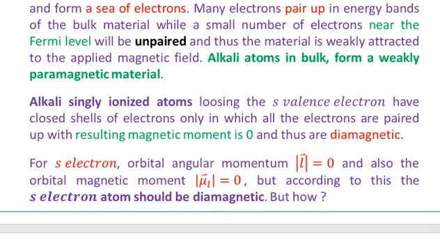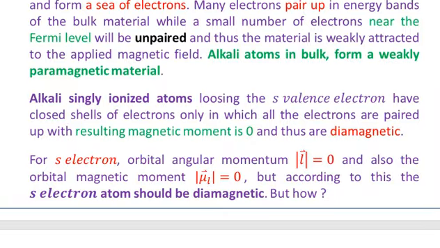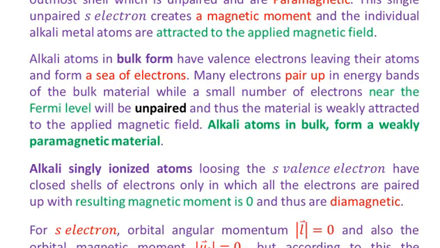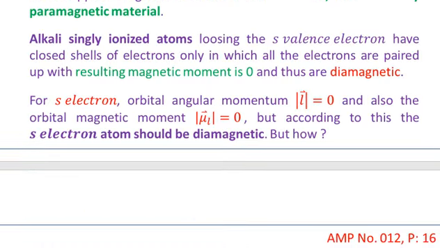Now this is the real picture that I have presented, giving you the definition of the paramagnetic material, weakly paramagnetic material, and then the diamagnetic material. Now what is happening actually? For an s electron, the orbital angular momentum is equal to 0. That is, the value of L is equal to 0, or the magnitude of the orbital angular momentum is 0 for s electrons. And also the orbital magnetic moment mu L is equal to 0.